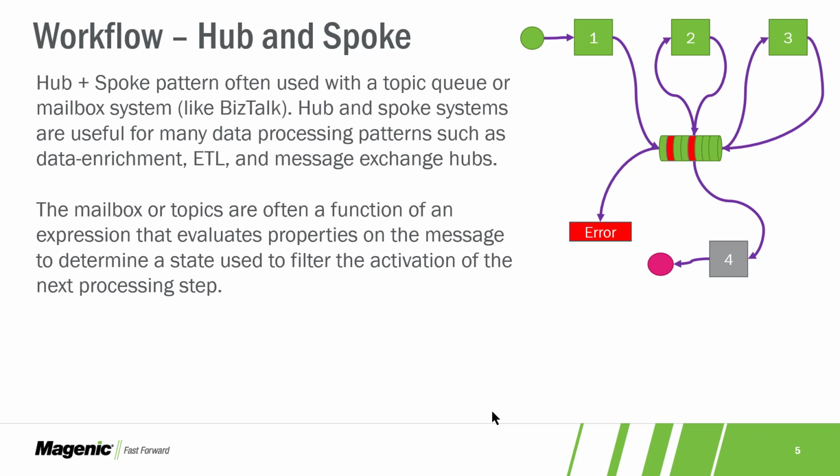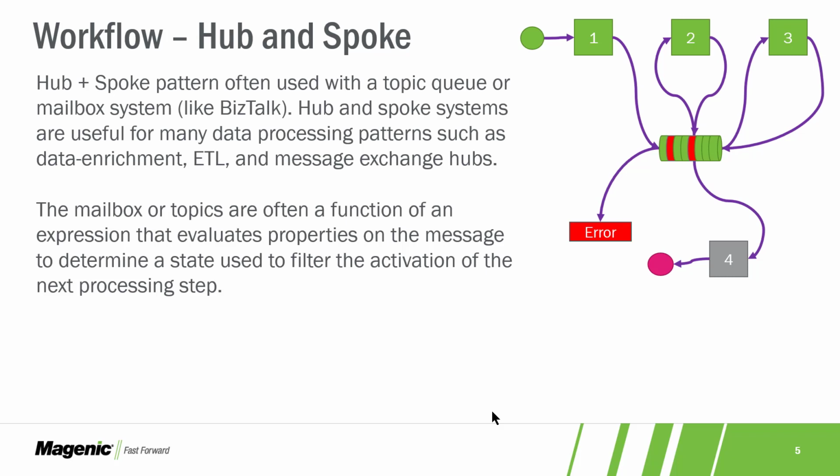Hub and spoke patterns are extremely useful when you are doing message processing or data enrichment or ETL type pipelines. They typically have a shared topic queue, or in the case of something like BizTalk, a message box, in other words, a generic dehydration store.